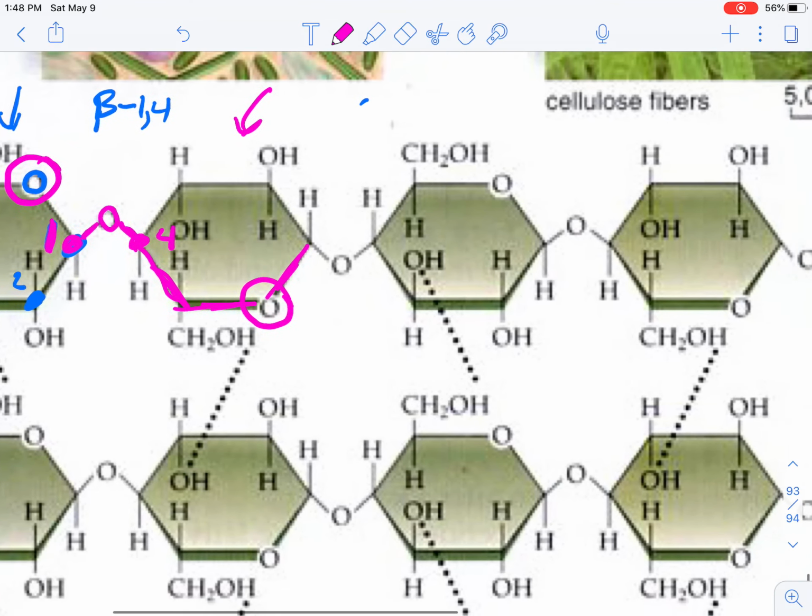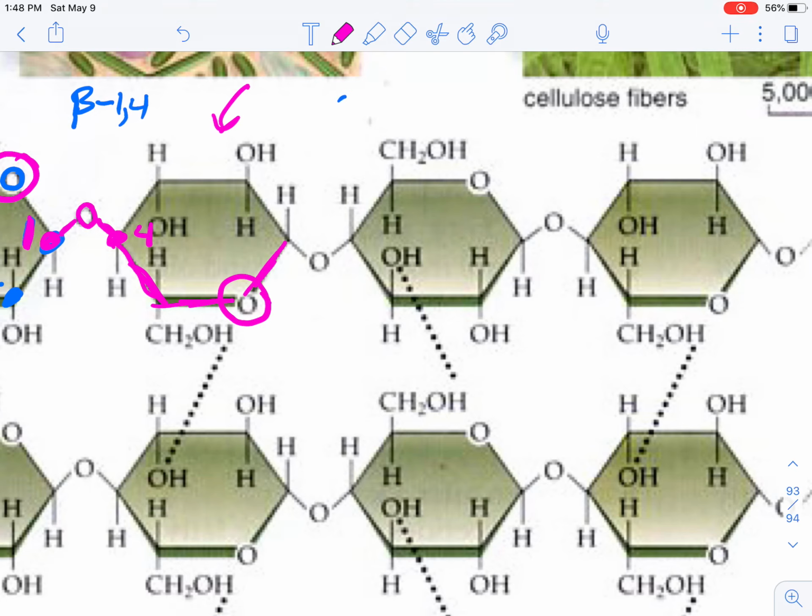And so for the second molecule, if you flip the second molecule so that carbon number 4 is pointing up, that means that for the second molecule, the hydroxyl group that is on the anomeric carbon is going to point down.